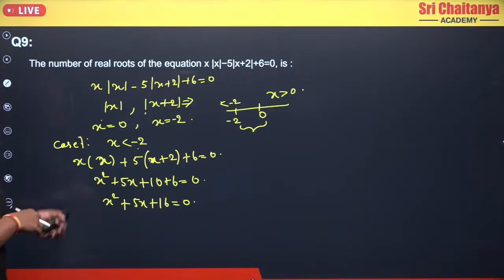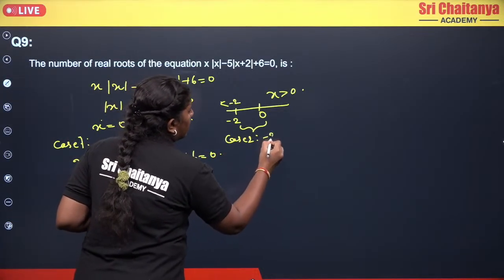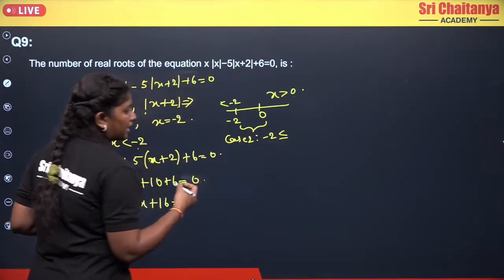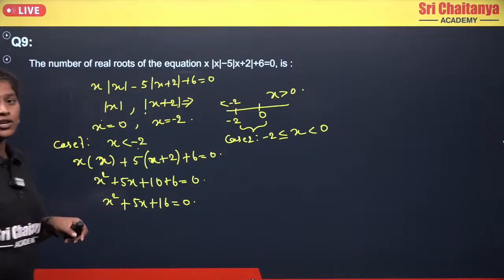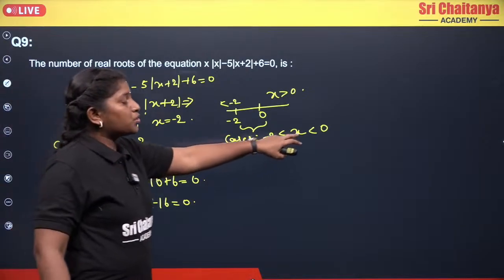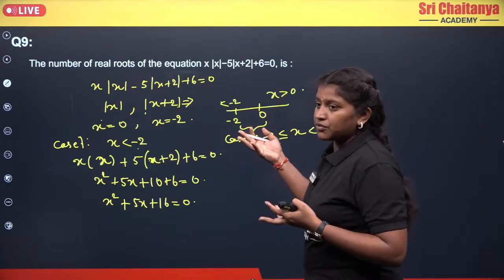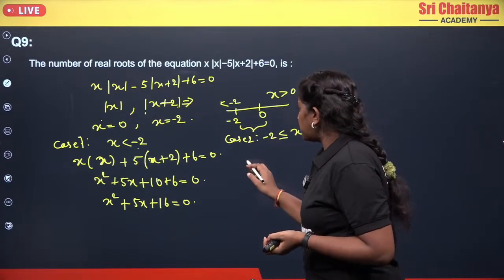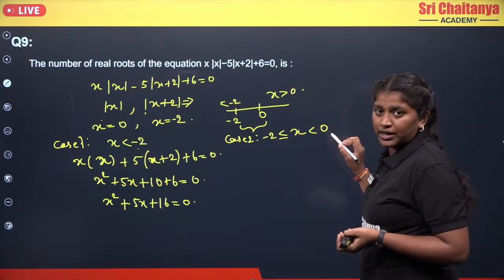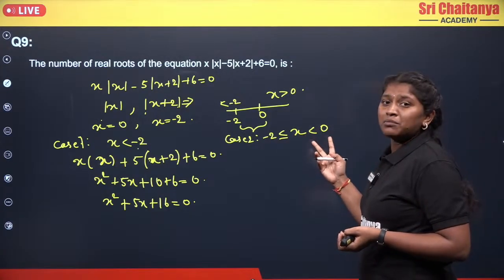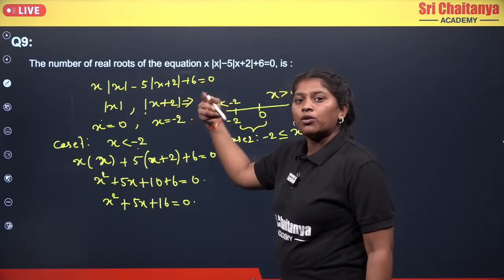Okay. Now moving to the next, what will be your case 2? Case 2 will become our x value between minus 2 and 0, so x greater than or equal to minus 2 and x less than 0. So now what will our equation become? We are going to take the 0 also, right? Greater than minus 2, so our x plus 2 will become positive only.